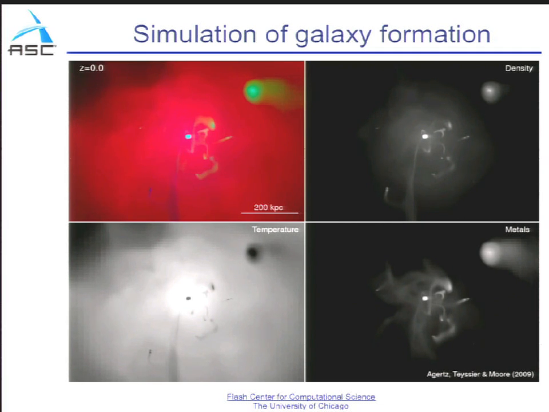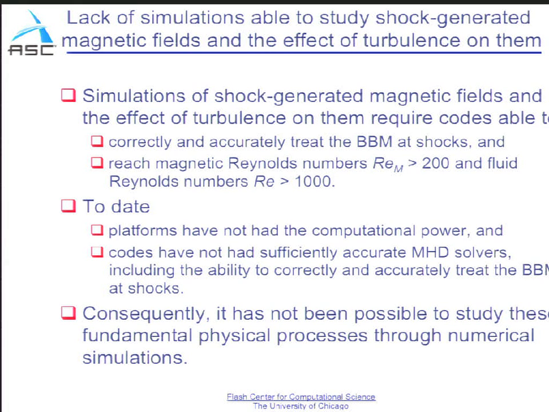So we want to investigate these things in the laboratory. And up till now, it's really been impossible to do simulations that can actually simulate this kind of phenomena of shock-generated magnetic fields and their amplification by turbulence in the laboratory. And the reason is that such simulations require codes that are correctly and accurately able to treat this Biermann battery mechanism, and that turns out to be quite challenging at shocks.